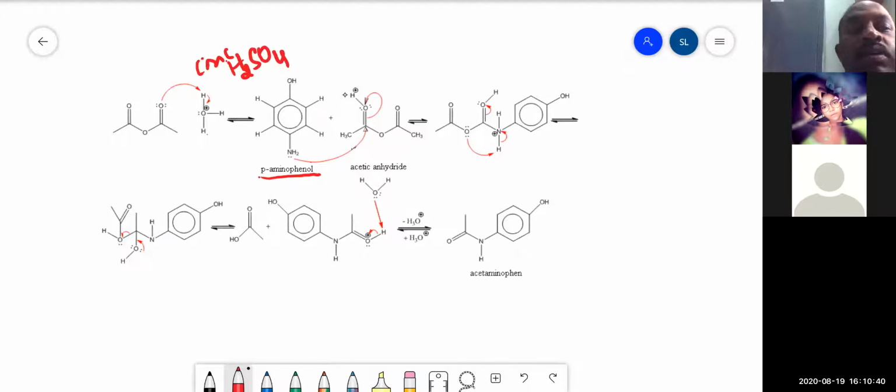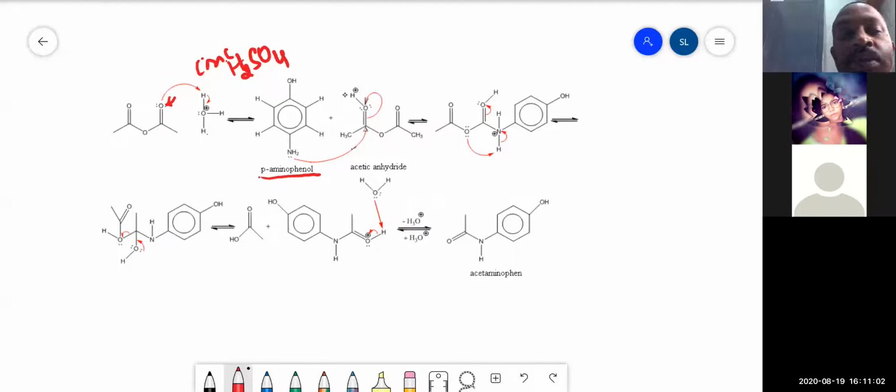Okay, so that will protonate the water molecule. Okay, and the H3O+ ion, that is the hydronium ion, will go and attack one of the oxygens present in the acetic anhydride.